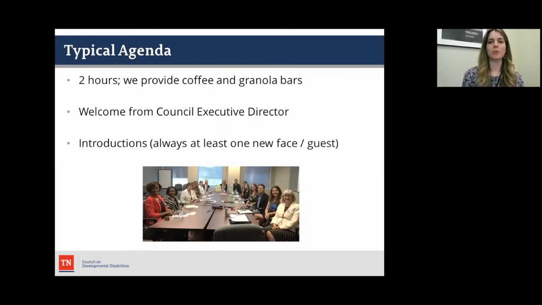As Wanda mentioned, we have our set state agencies who are members, and we don't have any sort of application process. It's just whoever wants to join, as long as they're a state agency. They may send someone as a substitute if the regular attender isn't able to come to that meeting, and they often bring colleagues either from different programs or on their same team.